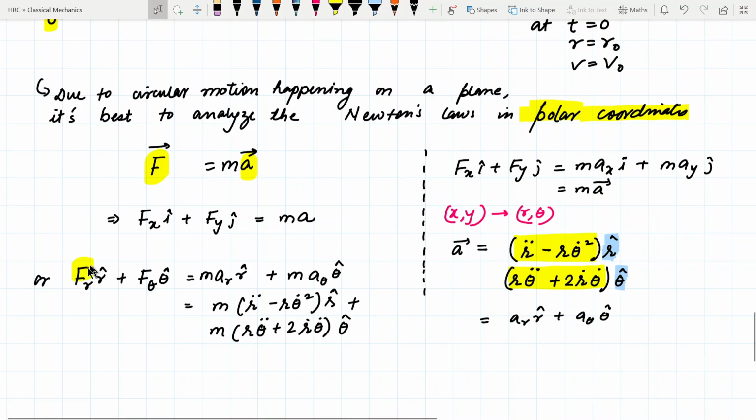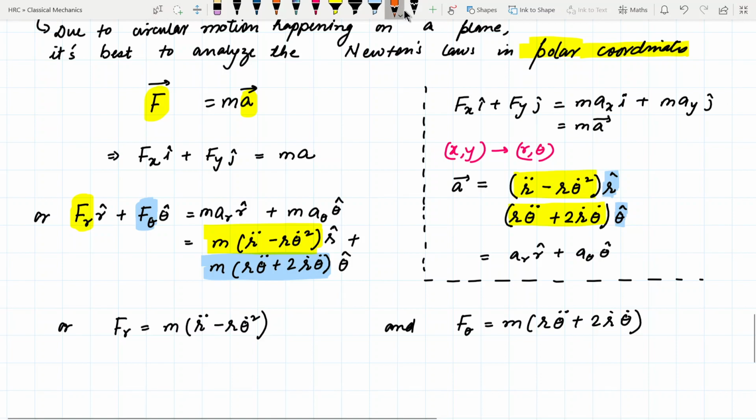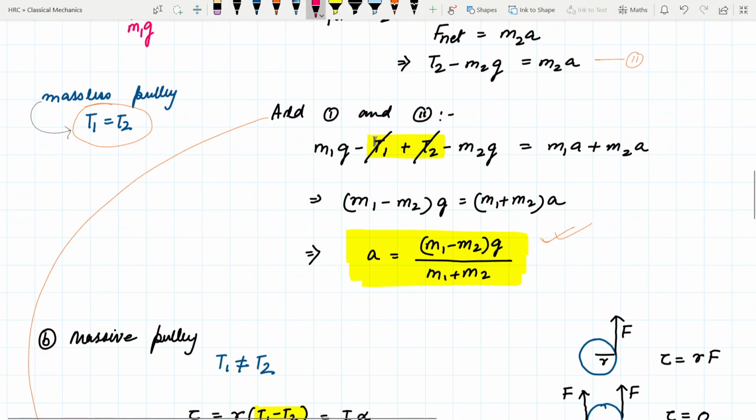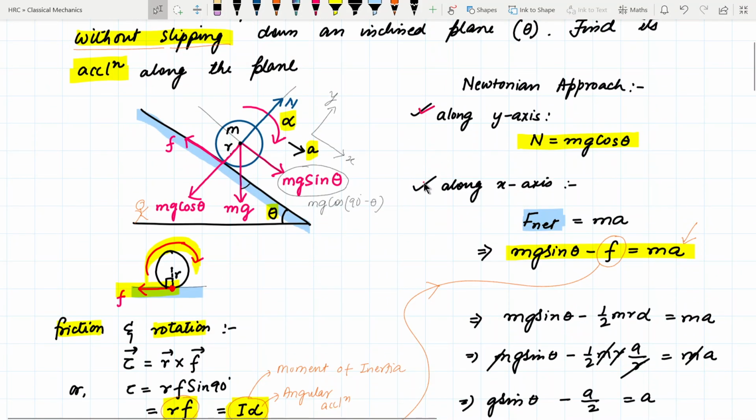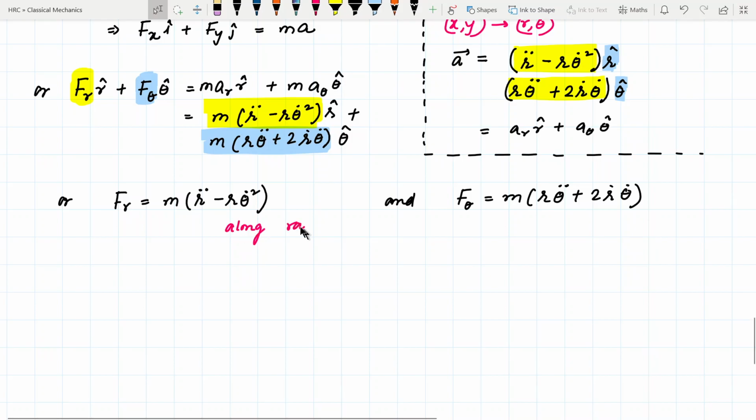So यहाँ पे basically F_r is the force along the radial direction जिसका component है ये, and F_theta is the force along the angular direction जिसका component है ये. ठीक है, so F_r is equal to m (r double dot minus r theta dot square) and F_theta is equal to m (r theta double dot plus 2 r dot theta dot). ठीक है, जिस तरह से मैंने यहाँ पे x एक्सिस में एक इक्वेशन लिखी थी और y एक्सिस में एक इक्वेशन लिखी थी, उसी तरह से इन पोलर कोऑर्डिनेट्स I write this equation along radial axis and this is along angular axis.